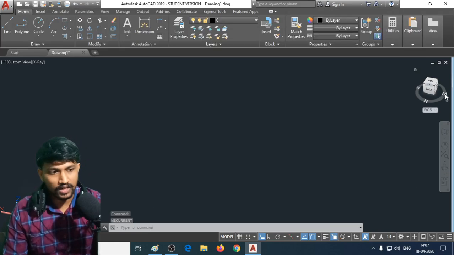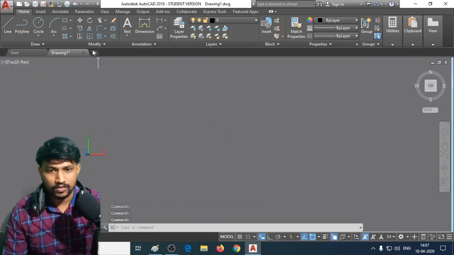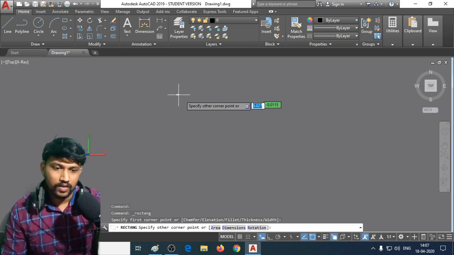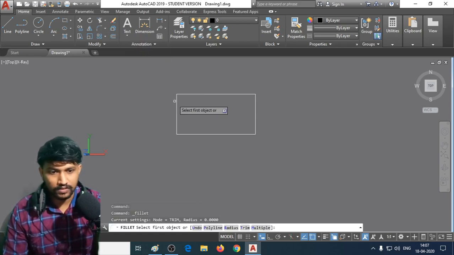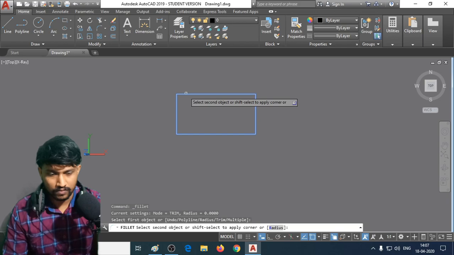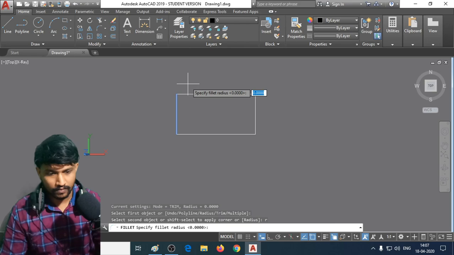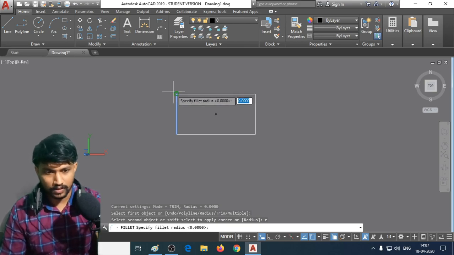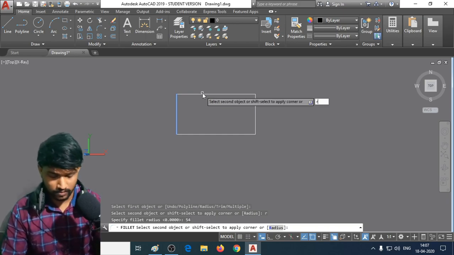So if I go to this drafting and annotation, usually say that there is some rectangle. Okay, this is the fillet option. So I need to specify the radius. Now something like around 5. Too large, yeah.